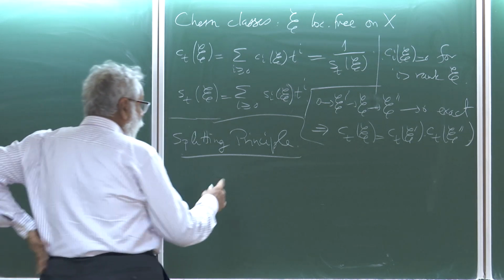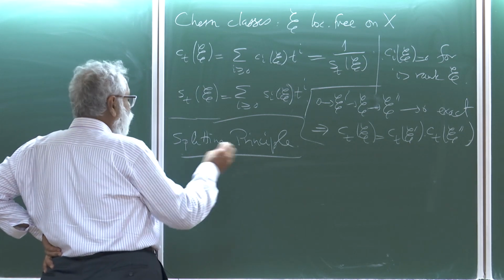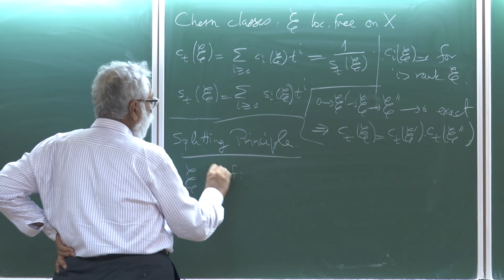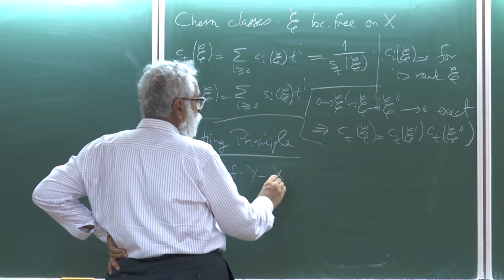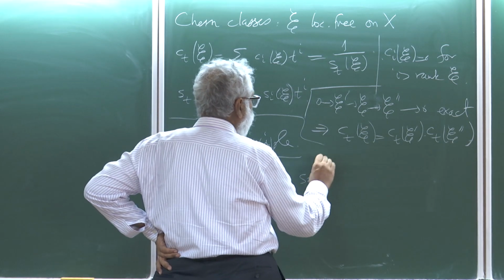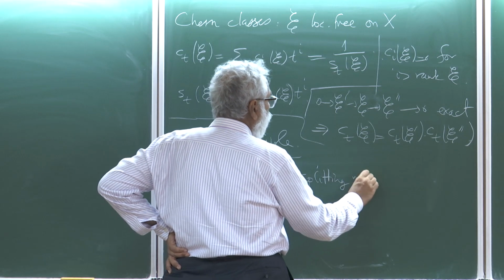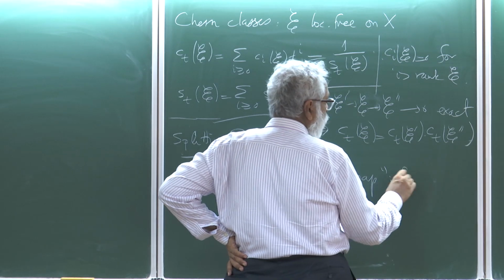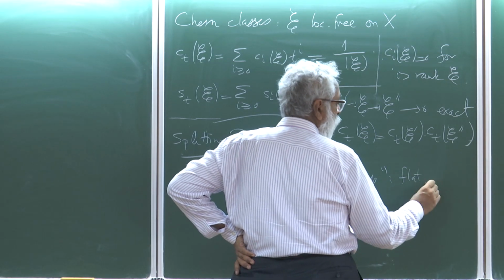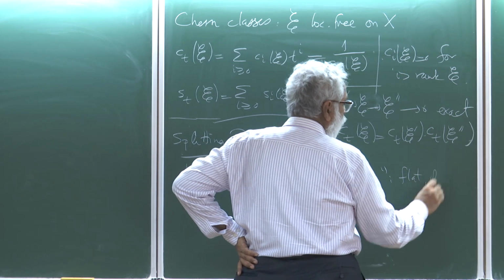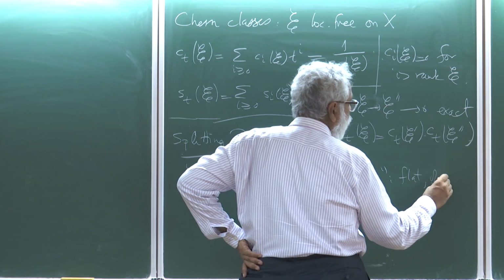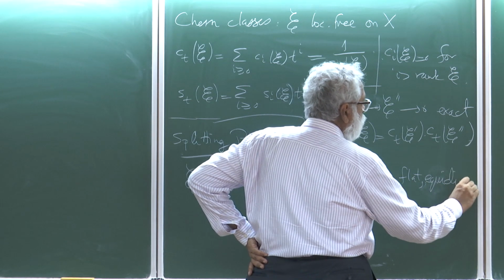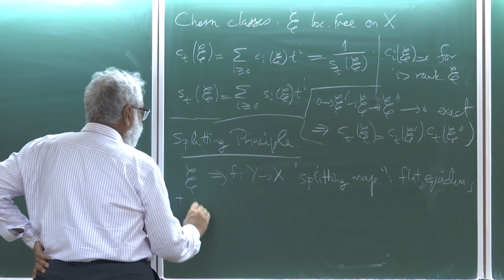So I wanted to say the splitting principle, one consequence was that if I had an E, then there exists a map f: Y to X, a splitting map for E. So this is flat of a particular relative dimension, so I wrote that as equidimensional, and at the same time it's proper.